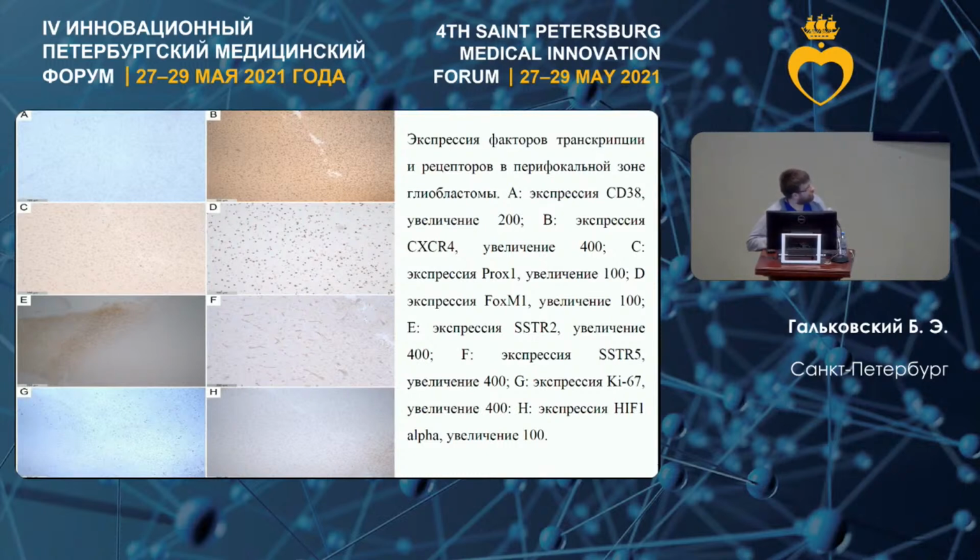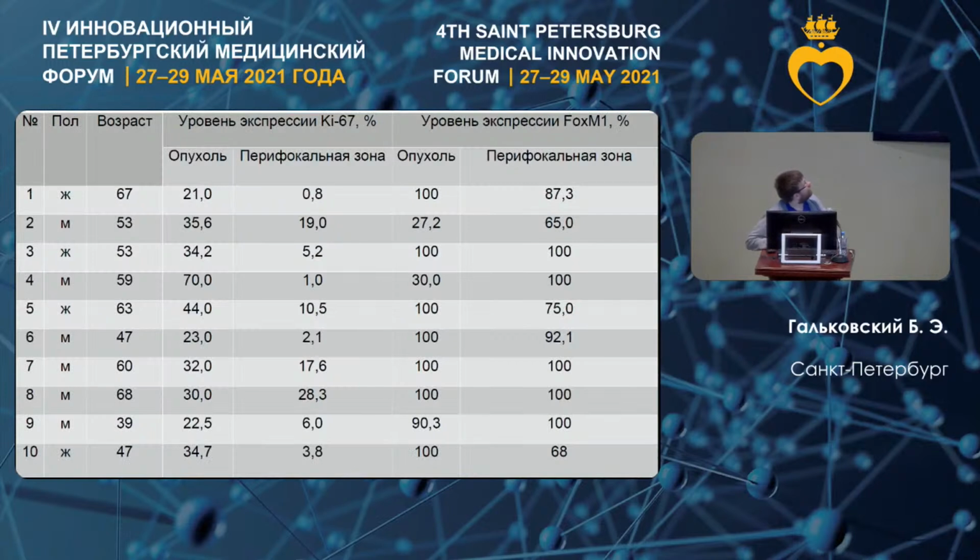Of interest are the markers Ki67, used for grading and diagnosis of brain tumors, and FOXM1, one of the key genes of oncogenesis of malignant gliomas. Gliomas can't exist without it.